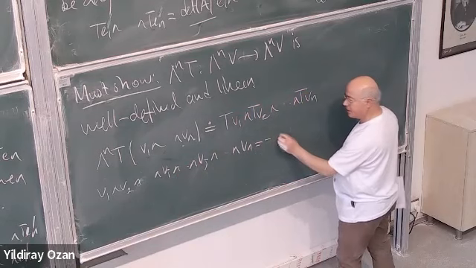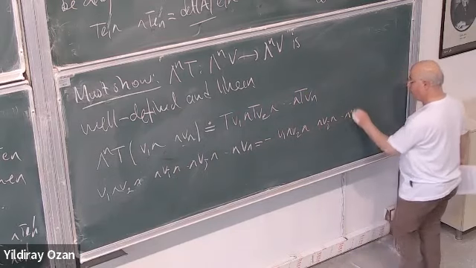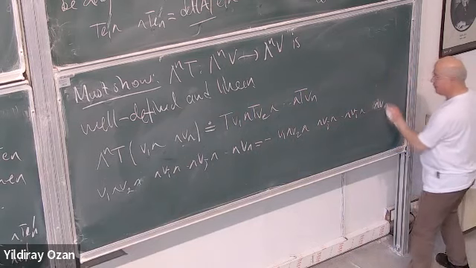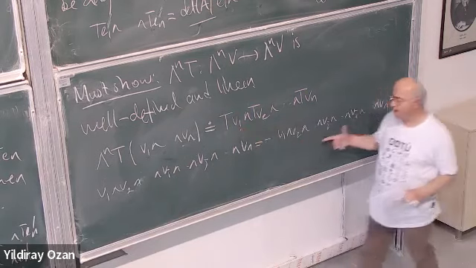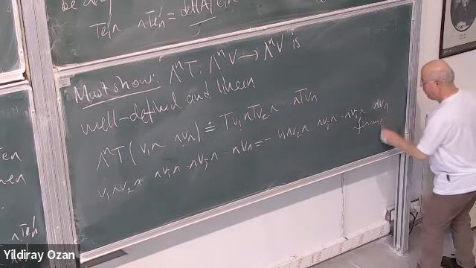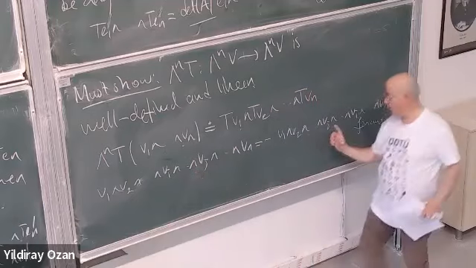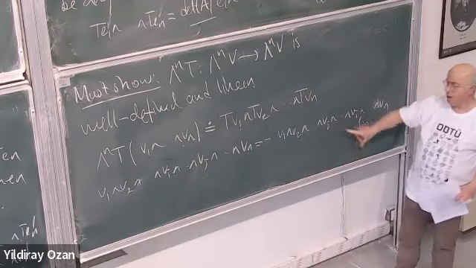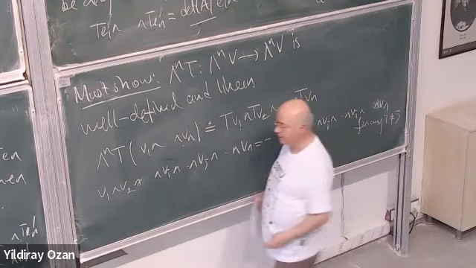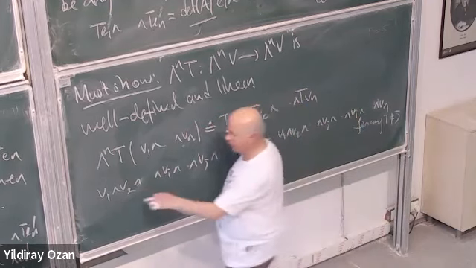As minus V1 wedge V2 and then Vj, Vi, Vn, right? This object satisfies this rule for any i different than j. If I interchange any two of them, then you pick up a minus sign. And it is linear in each component. What do we mean by that? Once you assume this, it is enough to show that it is linear in the first component.